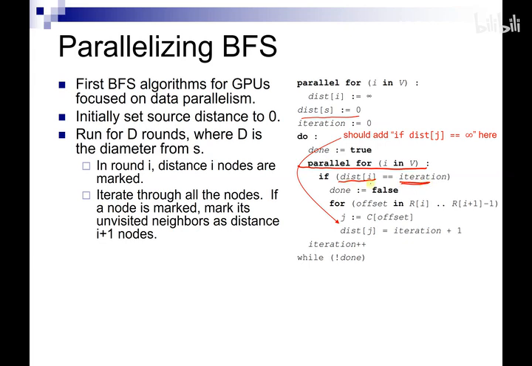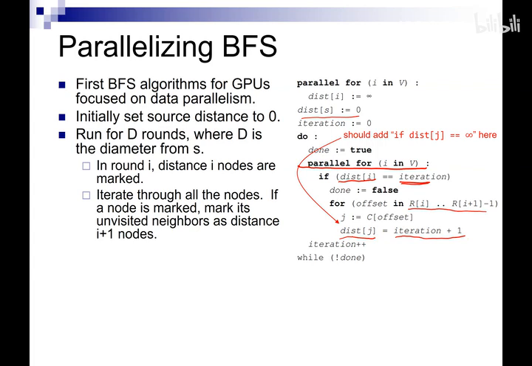Therefore, if the distance of a node is equal to the iteration, we go look for all of the neighbors of this node, and then we set their distance, as long as they have not been visited yet, to be iteration plus 1.